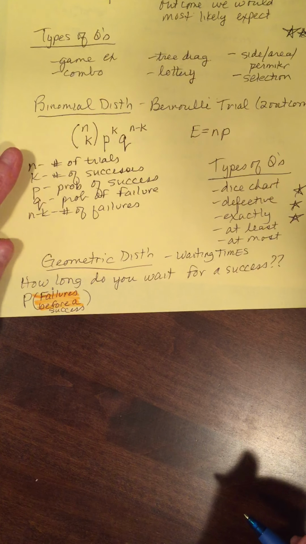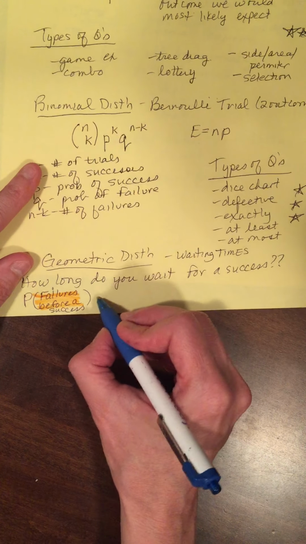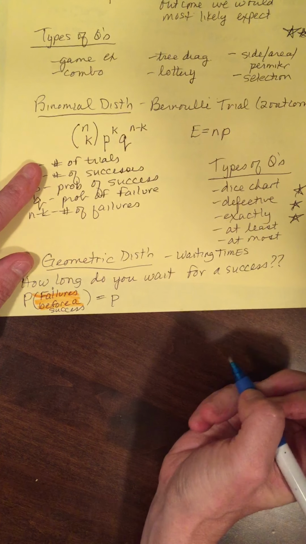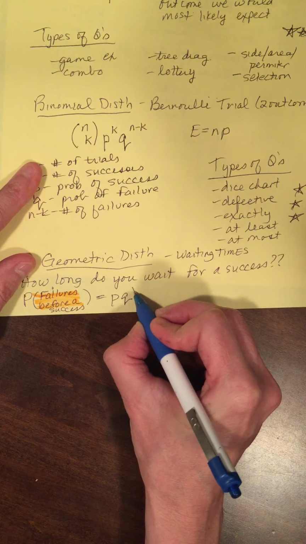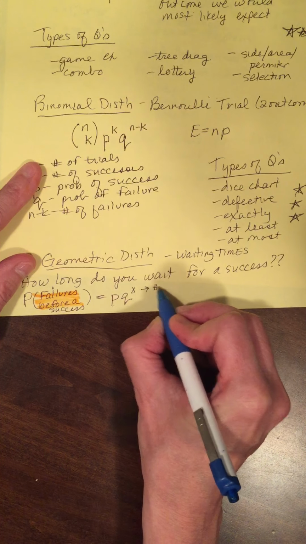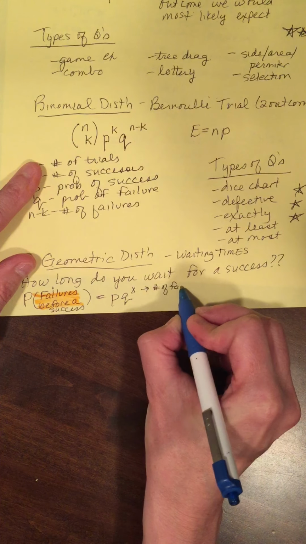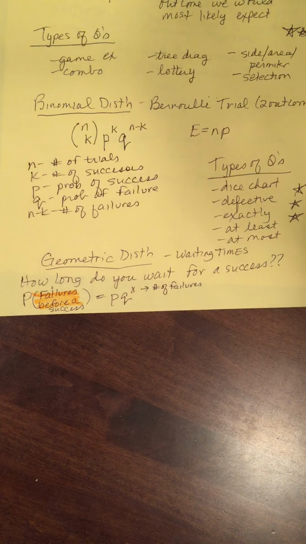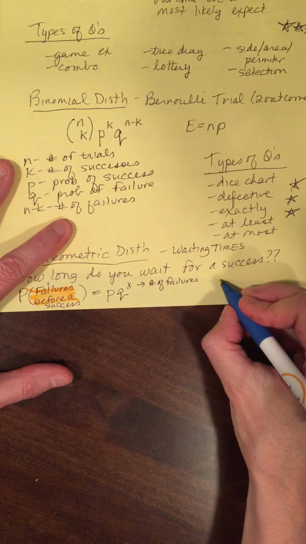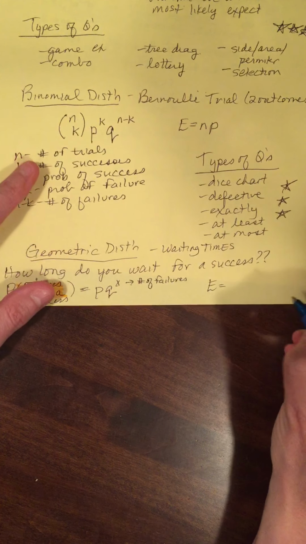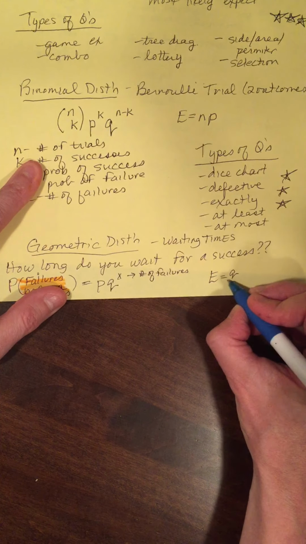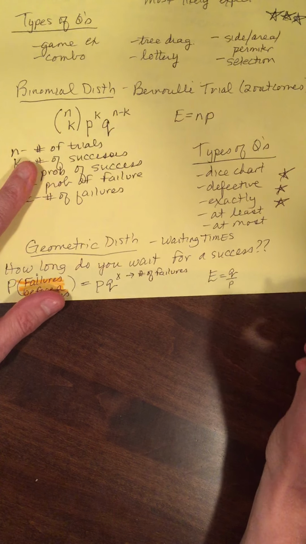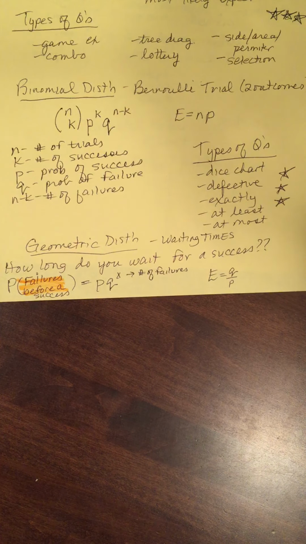I'm being very truthful. And the formula is probability of success times the probability of failure to the number of failures. And again, there was also a quickie expected value formula. That formula was probability of failure over probability of success.